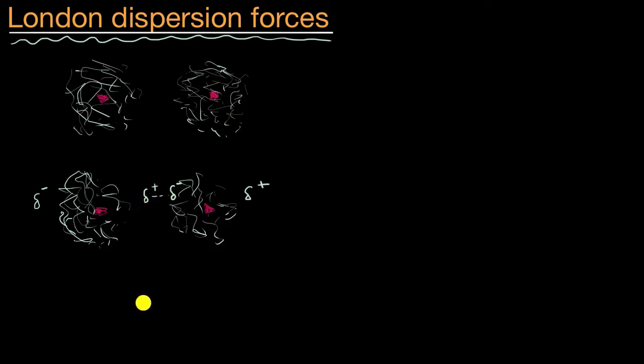So the next question you might ask is, how strong can these forces get? And that's all about a notion of polarizability. How easy is it to polarize an atom or molecule?